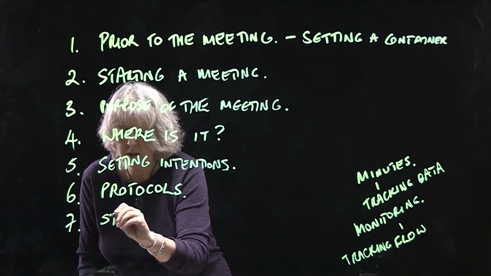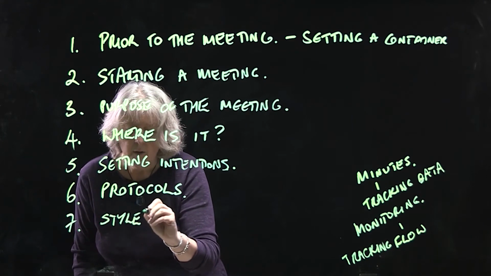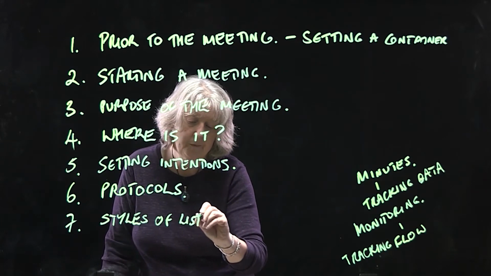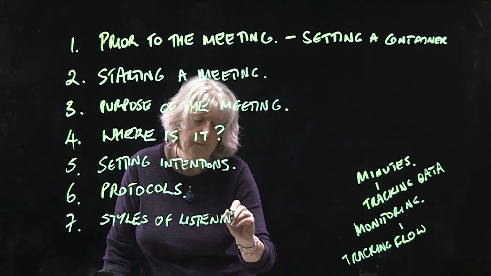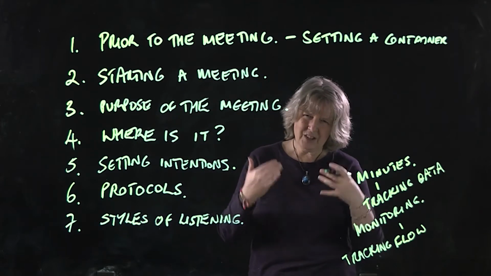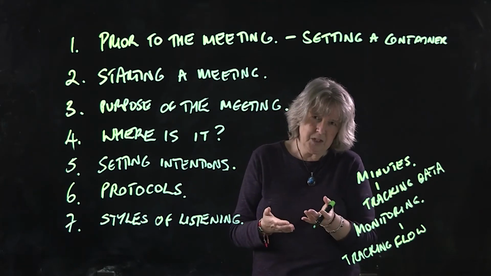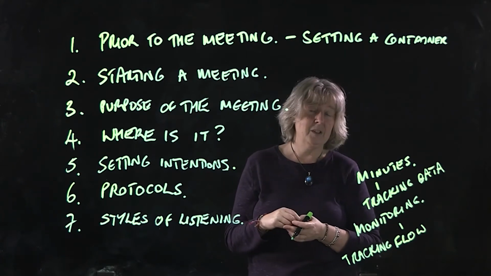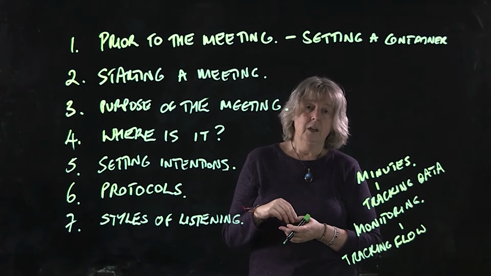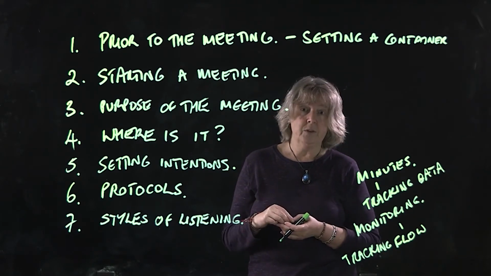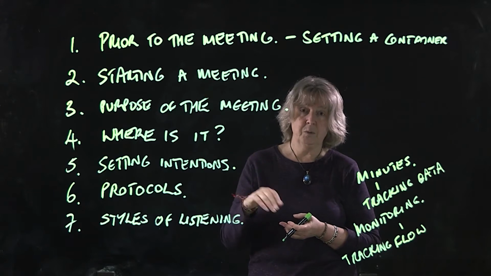This is so important. We all have styles of listening. We need to be able to identify if each style of listening is actually being brought into the meeting. Because if it's not, especially if you're a manager, let's think of it from that perspective. Let's say you've got 10 people and 3 of them are introverts, not to be confused with being shy.